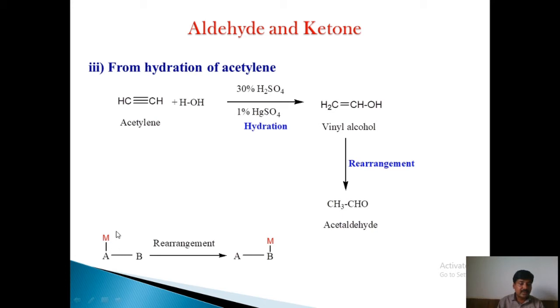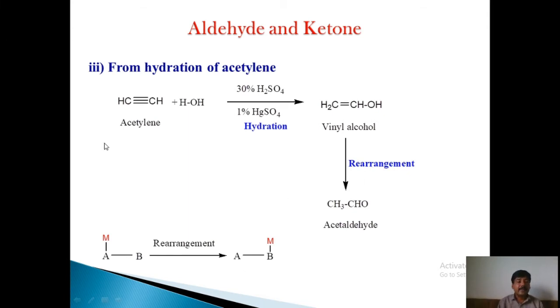So we can define rearrangement: the atom or group of atoms migrating from one element to another element within the same structure is called rearrangement. I repeat it, the atom or group of atoms migrates from one element to another element within the same structure, that is called rearrangement.